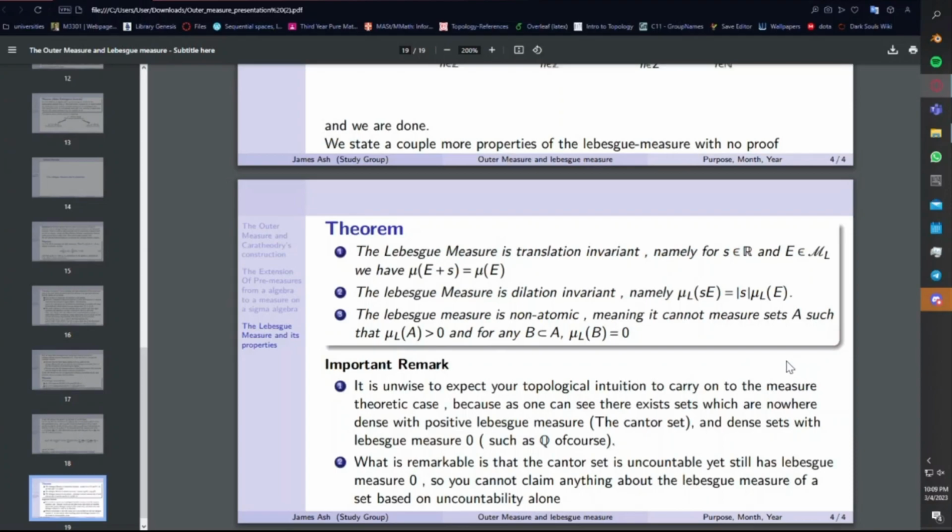Well, one might say no, because in terms of Lebesgue measure, at least, you can have the Cantor set, which is uncountable, and it still has Lebesgue measure 0. So just because a set is uncountable, you can't determine anything about its measure. Basically, you have to be very delicate and careful with how you treat topological properties and cardinality properties in terms of measure theory. It can behave quite differently than how one might expect.